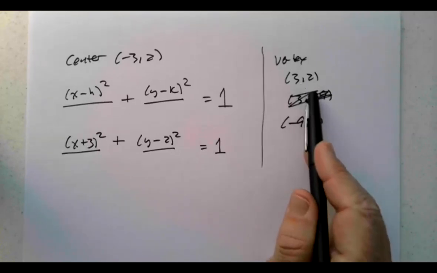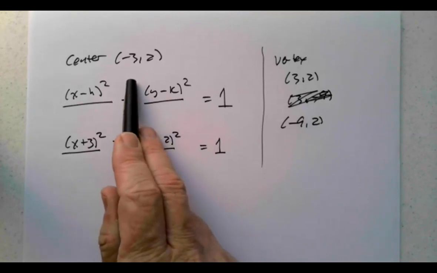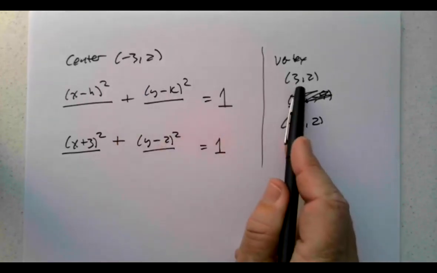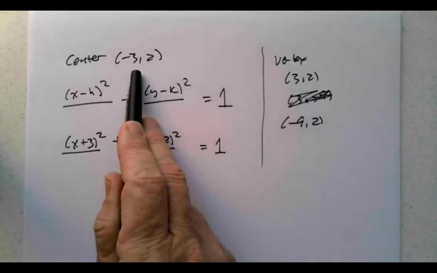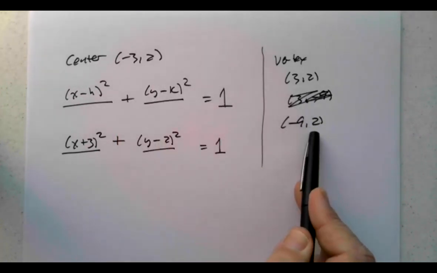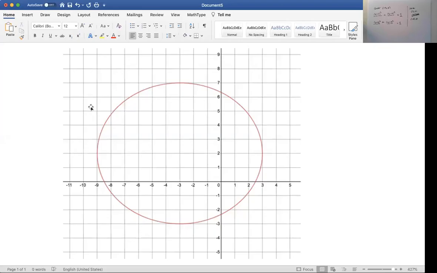Now we need to see what is the span. My center was -3, 2. To get from -3, 2 to 3, 2, how far did I go over in the x direction? To get from -3, 2 to -9, 2, how far over did I go in the x direction? So let's take a look at that again. Remember our center here is -3, 2.